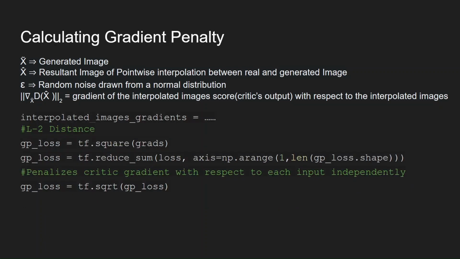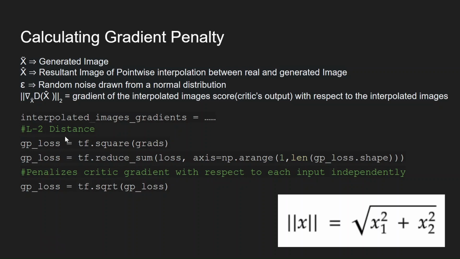For this purpose, first of all, I need to calculate this term, which is the norm or L2 norm of this interpolated images gradients. In order to calculate this L2 norm, I hope you are familiar with the L2 norm formula. If not, just go to Google and search for the formula, and it's quite simple. It's just like the square root of the square sum of all the numbers.